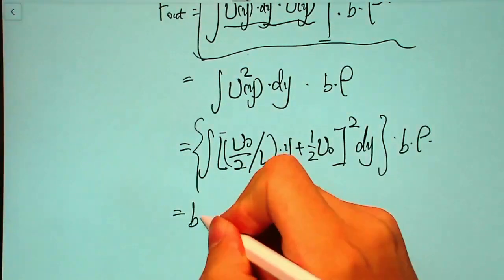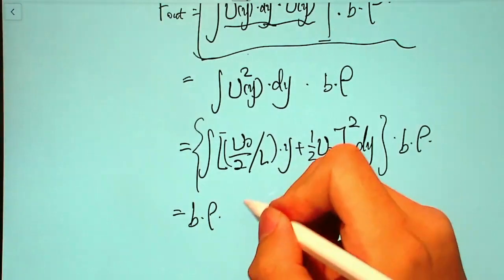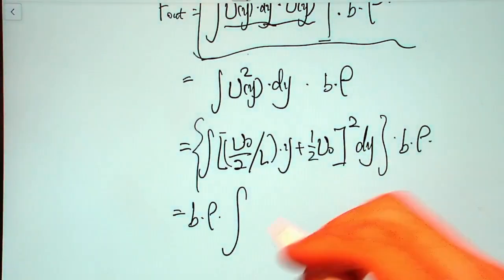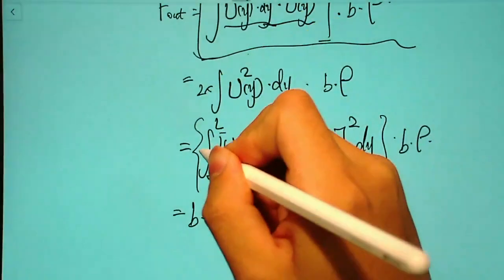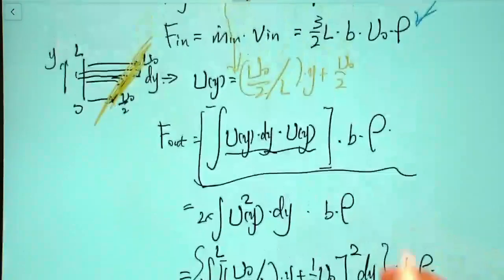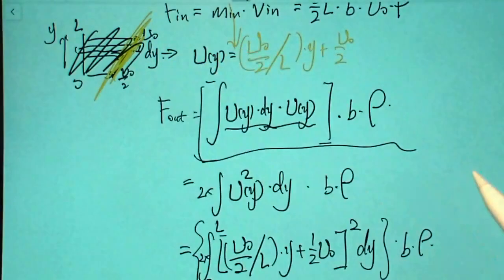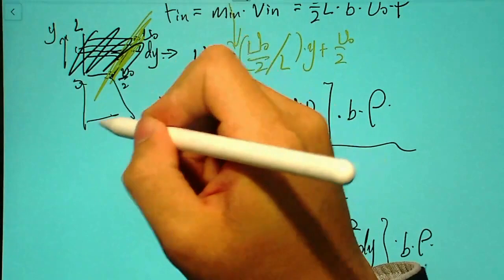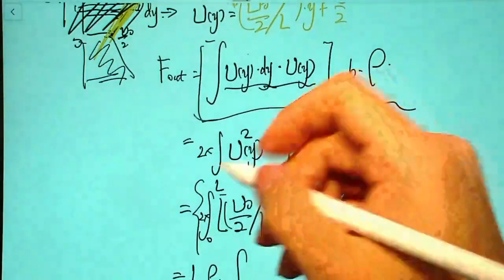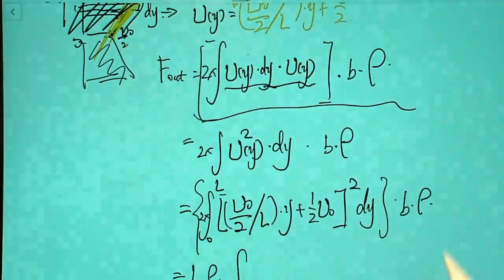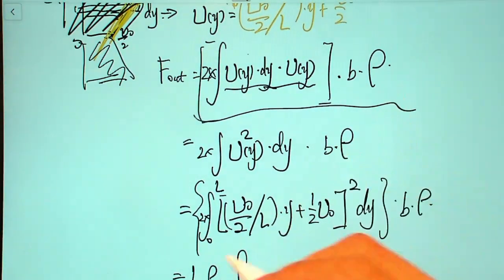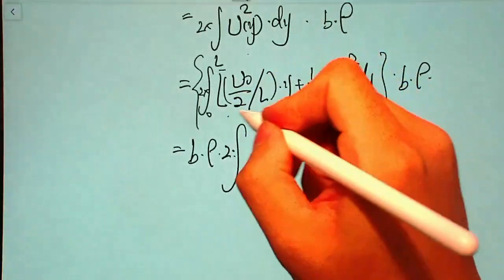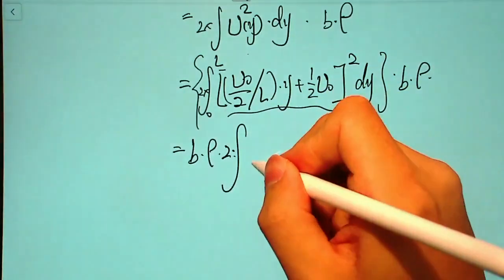Right, so it's b times rho times integration, this one from 0 to L. Oh, I made a mistake. I forgot to times 2 because here we only consider the top half. We haven't considered the bottom half. So it will be the same, so we need to times 2 on both sides.